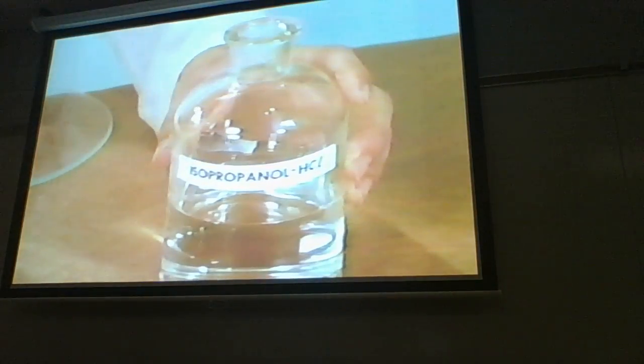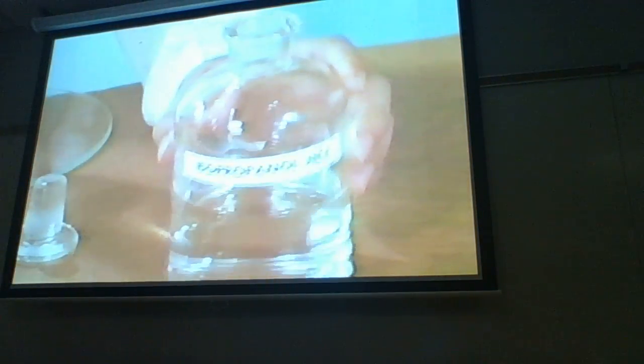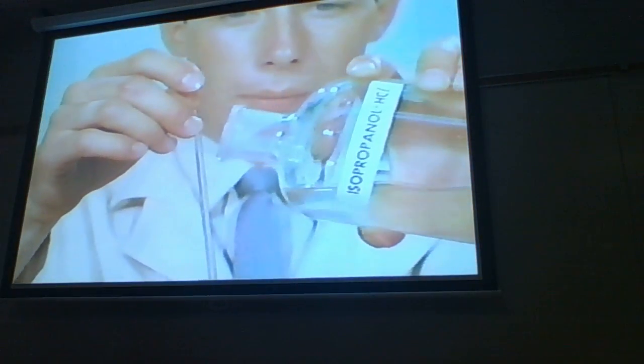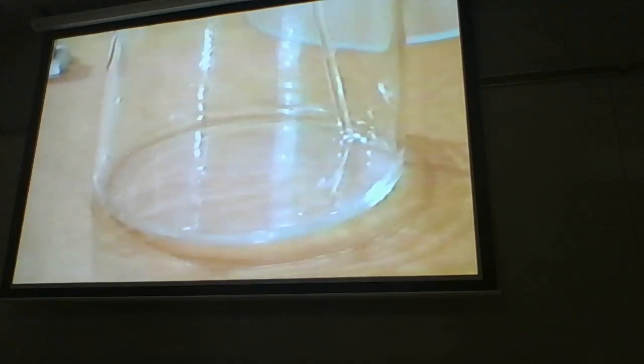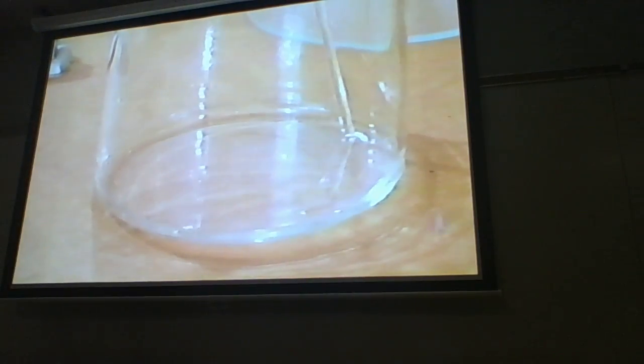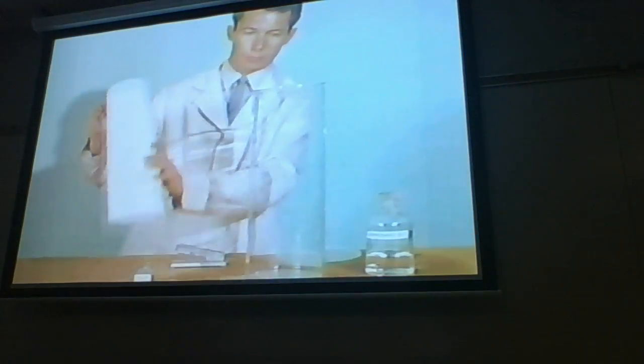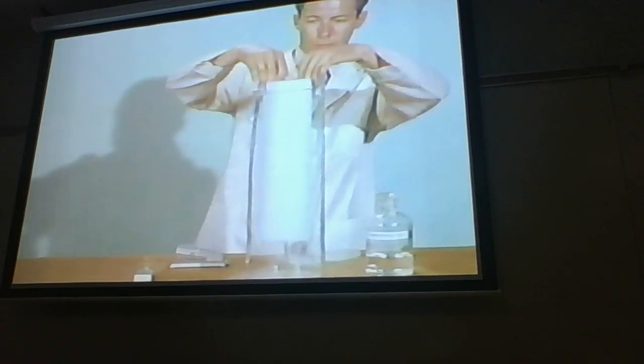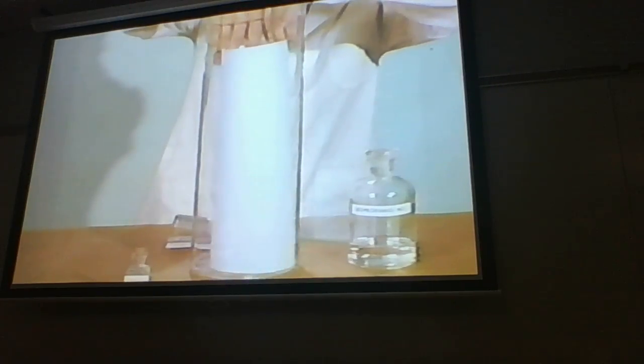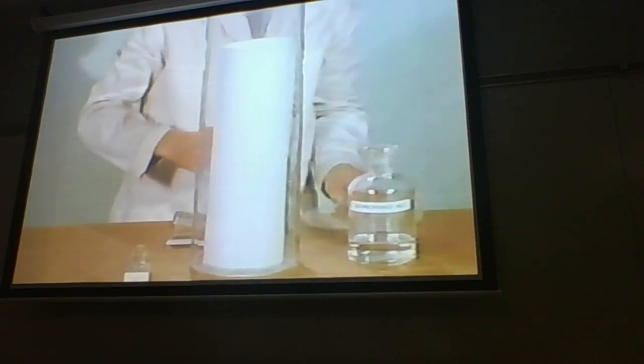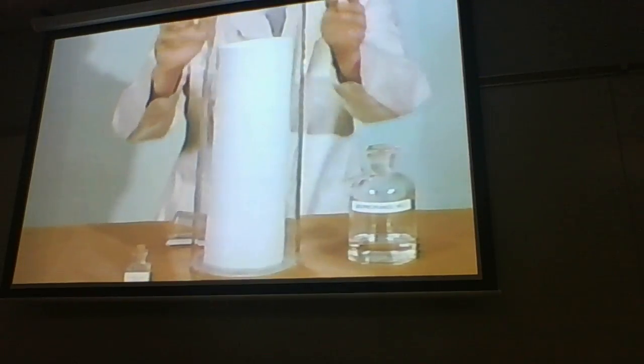We have selected a solution in which the chromosomal material is readily soluble. This is placed in the bottom of a glass cylinder. The solvent is drawn up the filter paper by capillary action. After 12 hours, the solvent front has risen this far.